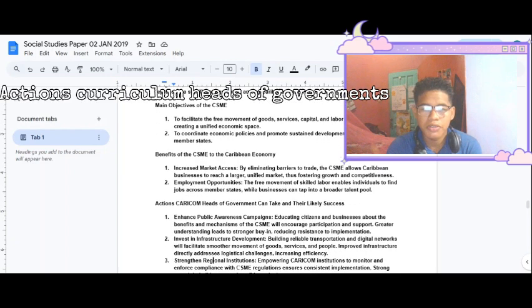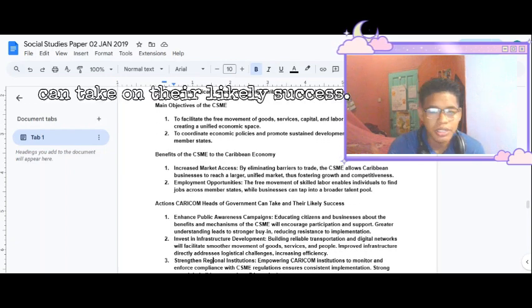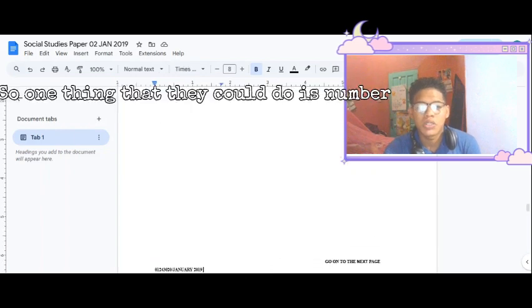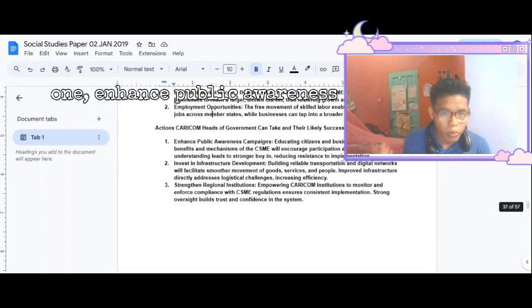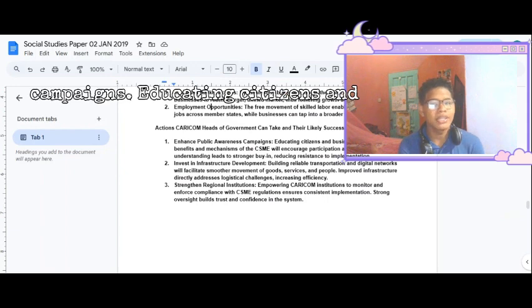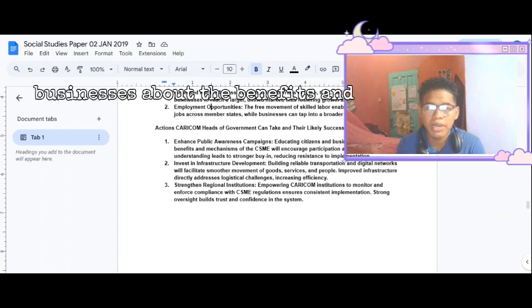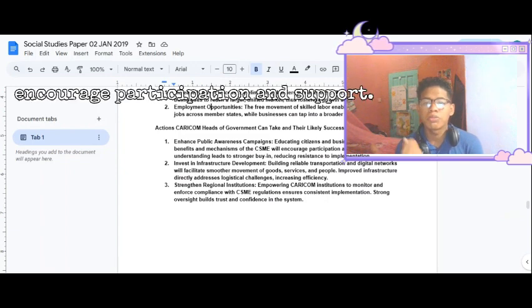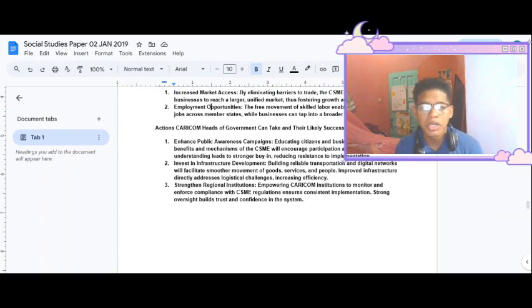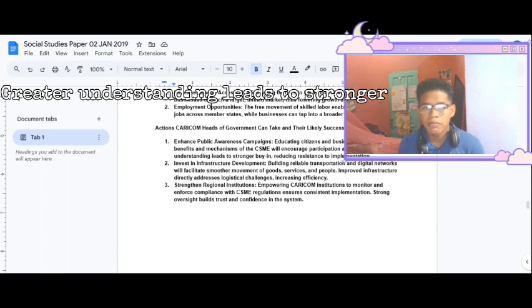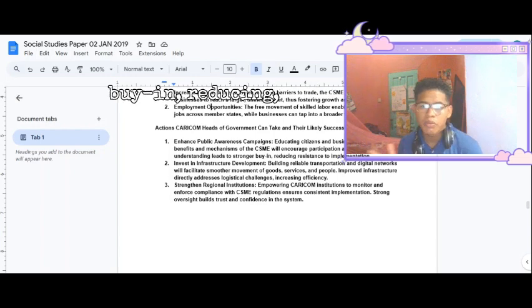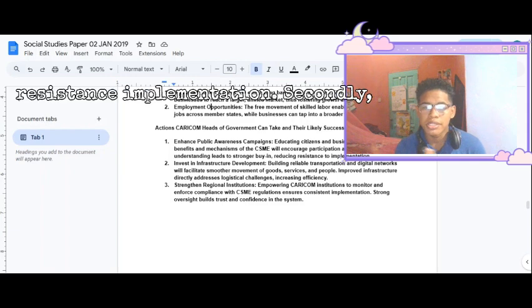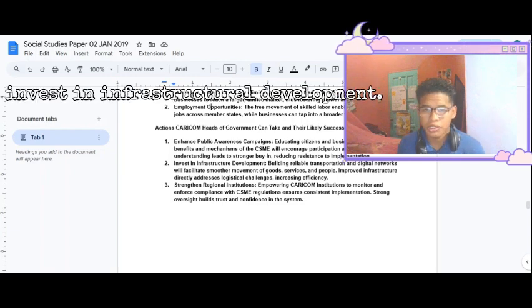Actions CARICOM heads of governments can take and their likely success. So one thing that they could do is, number 1, enhance public awareness campaigns. Educating citizens and businesses about the benefits and mechanisms of the CSME will encourage participation and support. Greater understanding leads to stronger buy-in, reducing resistance to implementation. Secondly, invest in infrastructural development.